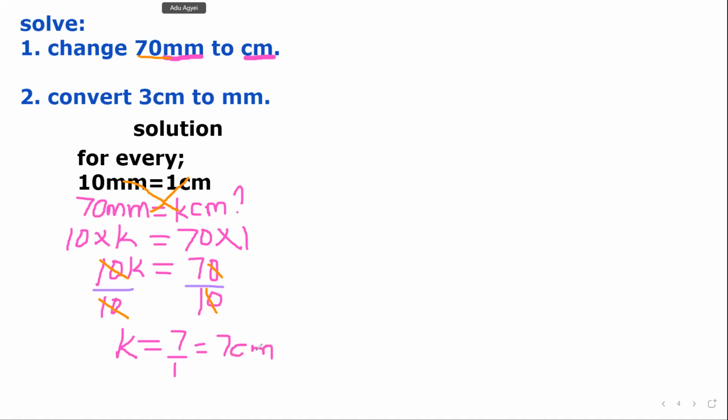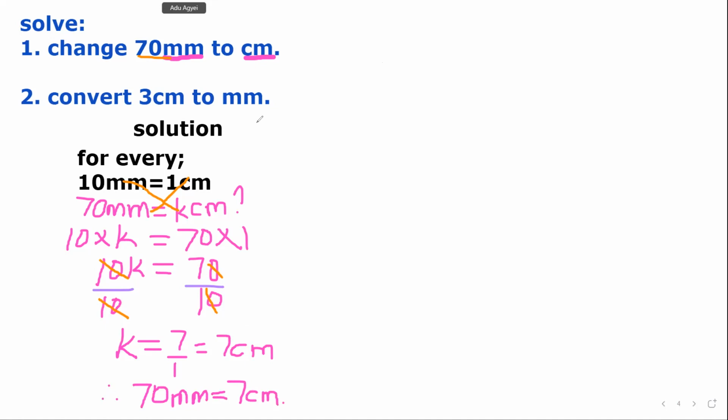Okay, good. Therefore, 70 millimeters is equal to 7 centimeters. Good.